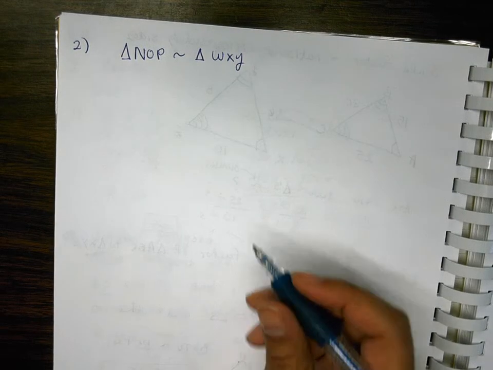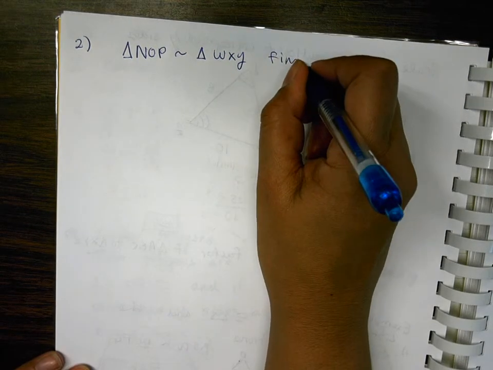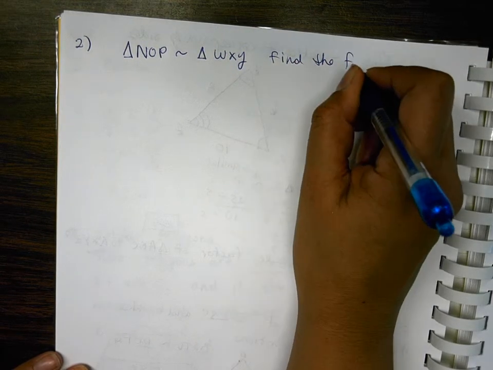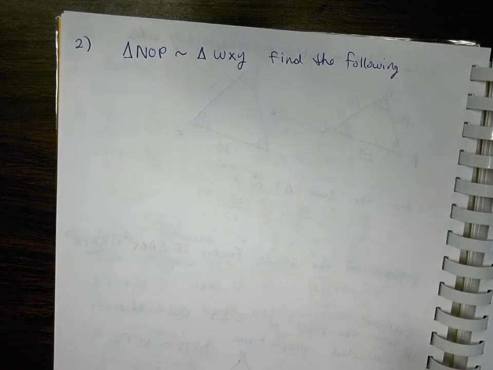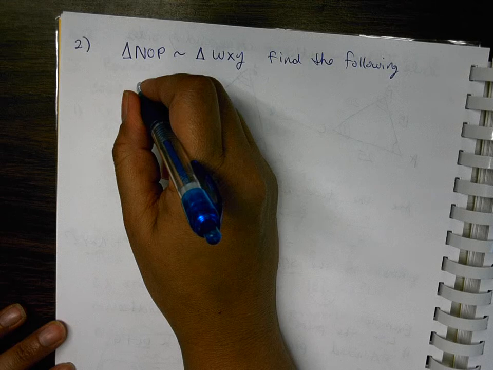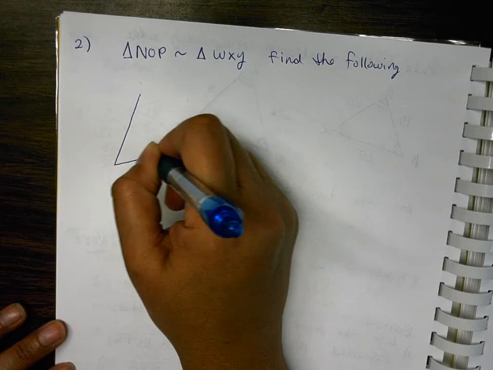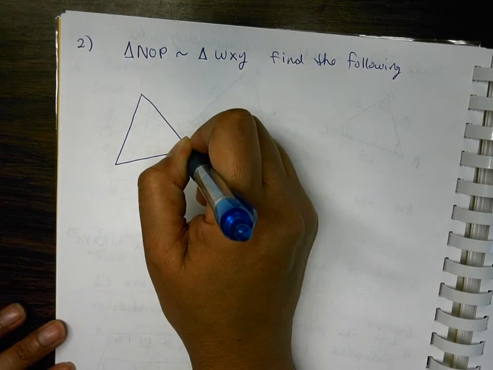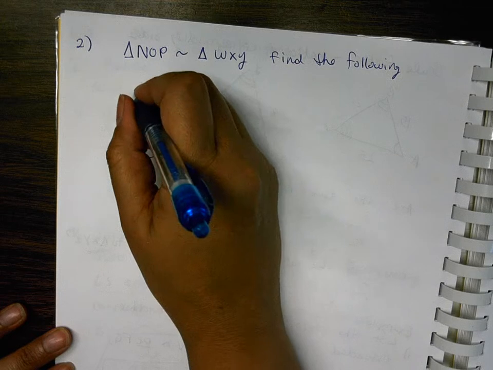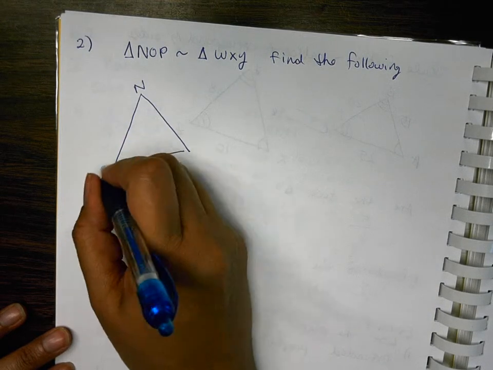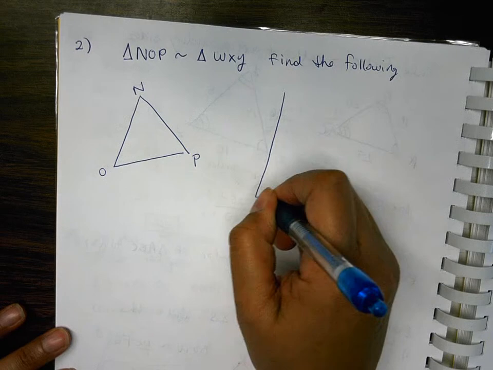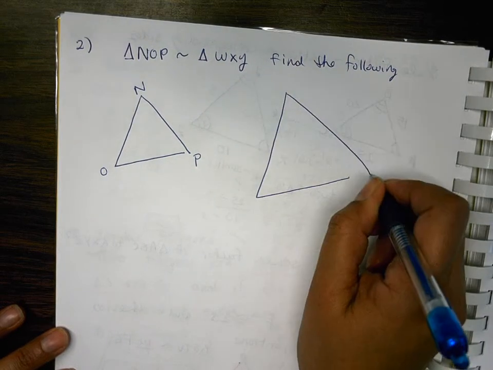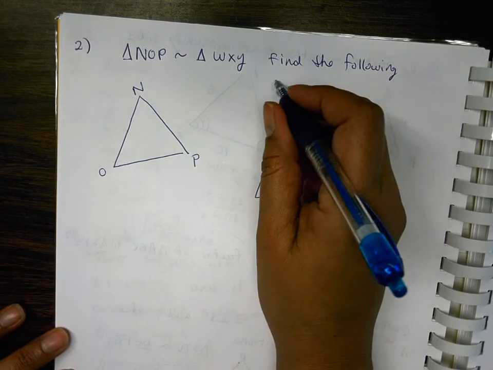Find the following. Okay, so let's get the picture down. I'm going to draw 2 triangles. I'm going to call this NOP, WXY.